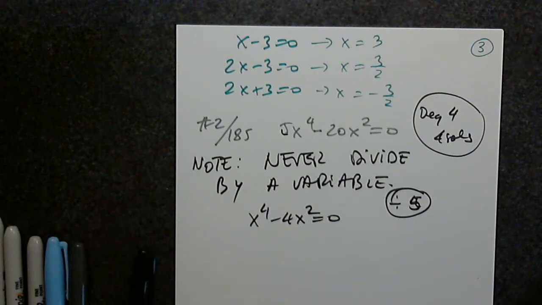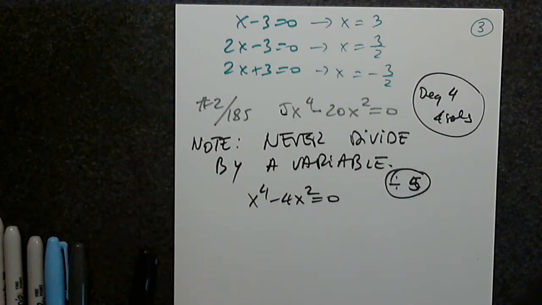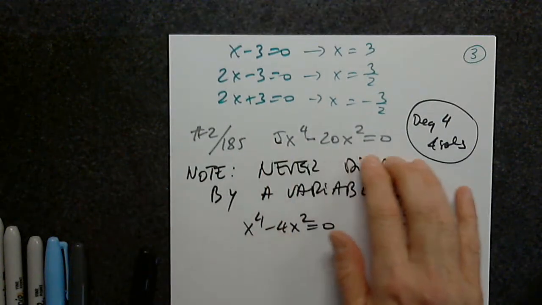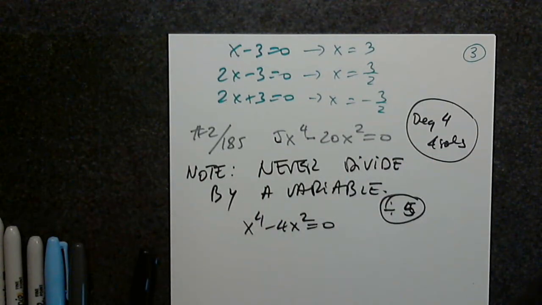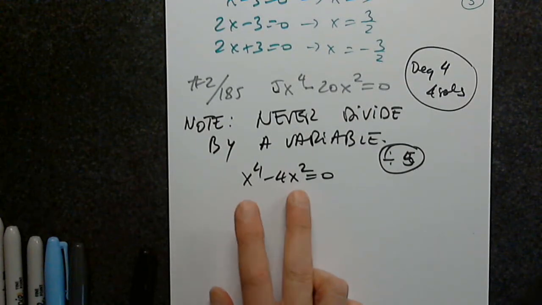So now I will ask you, what type of polynomial is this? Now I'm asking if it's binomial, trinomial, or polynomial. Initially I was asking what type of equation. The equation is polynomial. It's not linear, it's not quadratic. And now this is a, very good, a binomial.